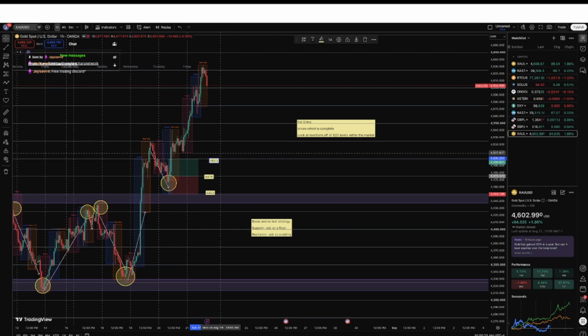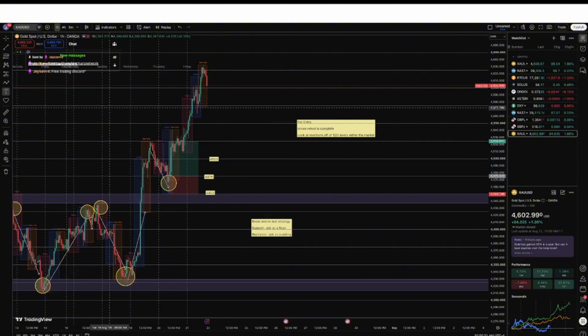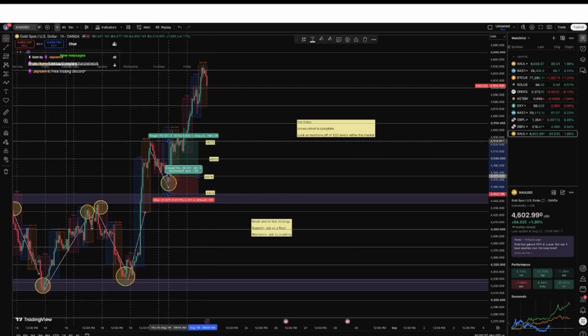Okay, and now take profit two, 45.25. So as you can see, it's going up in increments. As I told you, this essentially went up around 1,500 pips.